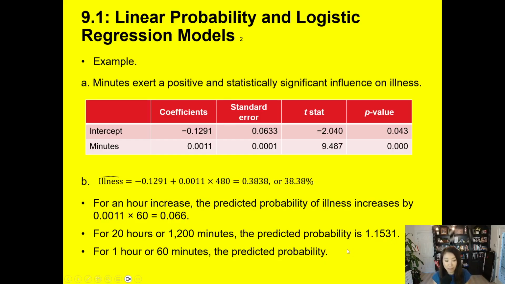So basically this is saying that if the person stays outdoors for 20 hours, the probability for this person to gain the respiratory illness becomes 115%. As we learned about probability before in your QBA2, you know that a probability value can never be larger than 1, right? So that is the weakness of this model.